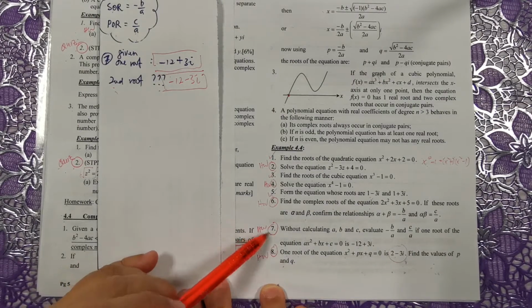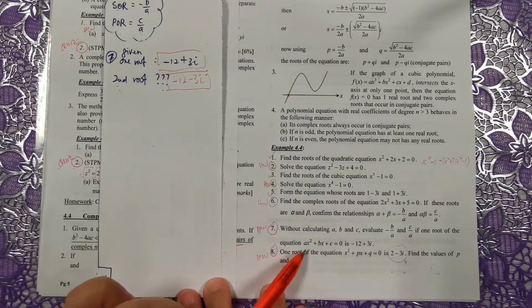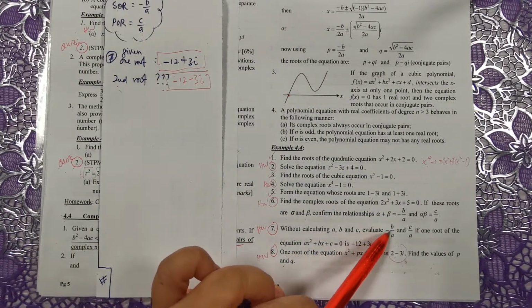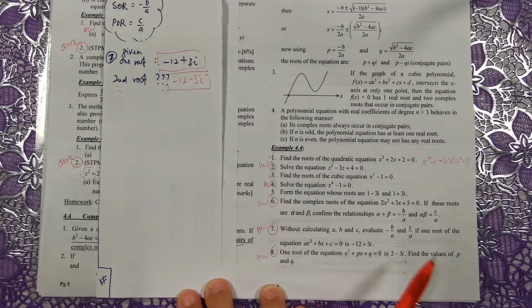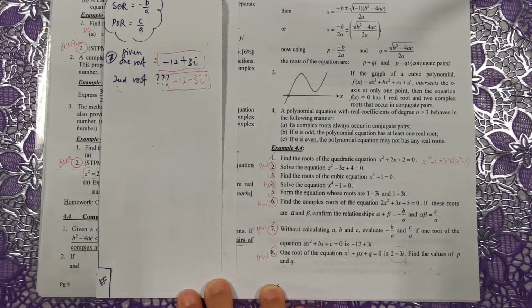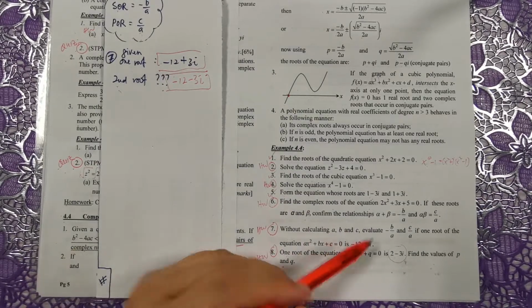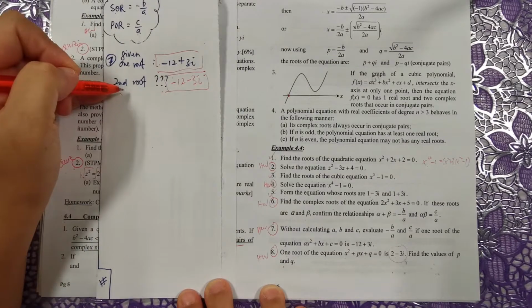You refer back and you settle this. Okay, what else? Question 7. Without calculating a, b, c, they don't want to know what a, b, c are. Evaluate negative b over a and c over a if one of the roots of this equation is negative 12 plus 3i. So what is the second root?